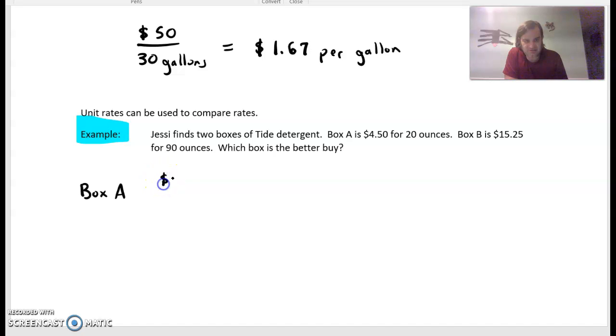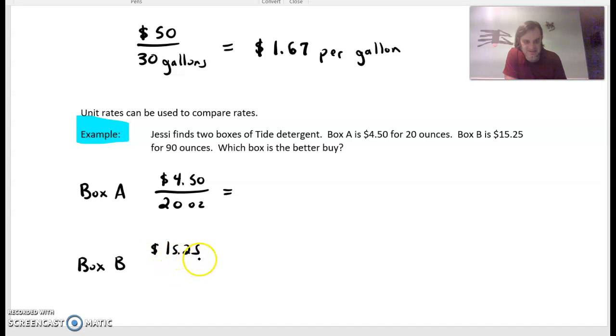So box A would be $4.50 over 20 ounces, and box B would be $15.25 over 90 ounces. Now, because these numbers are nothing alike, even though they're the same units, it's really hard to compare.